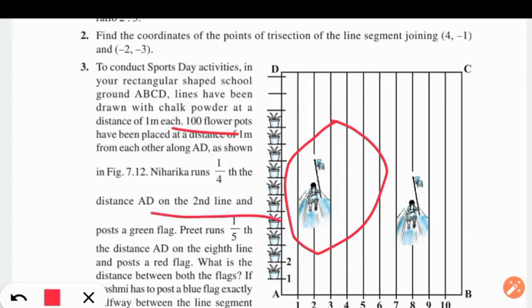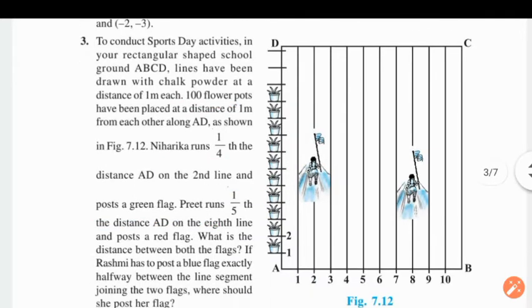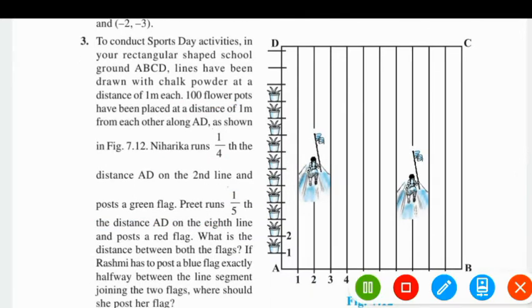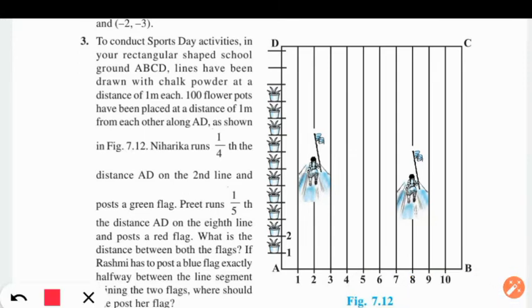And on the second line, Niharika runs 1/4 the distance of AD and posts a green flag. Which line? Second line. See, this line is line 2. So now tell me where she will post the green flag.